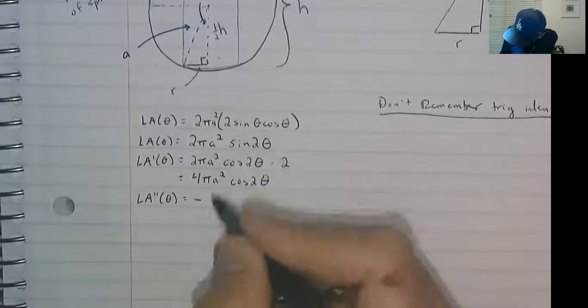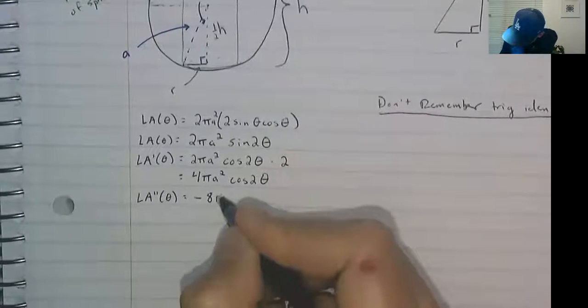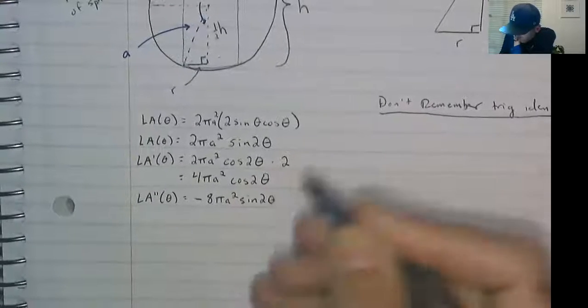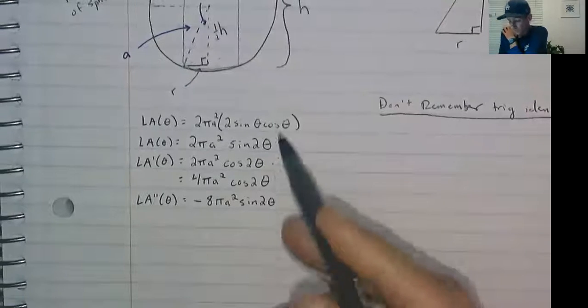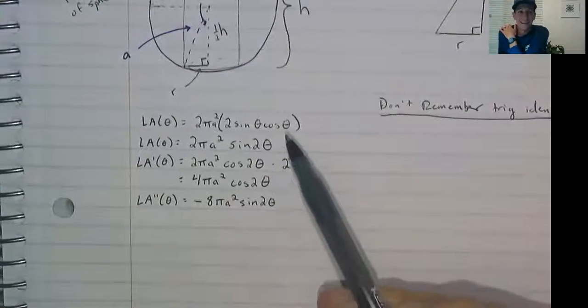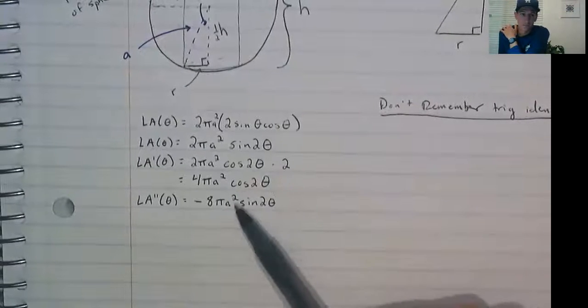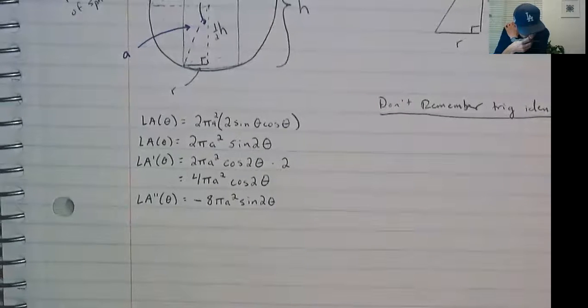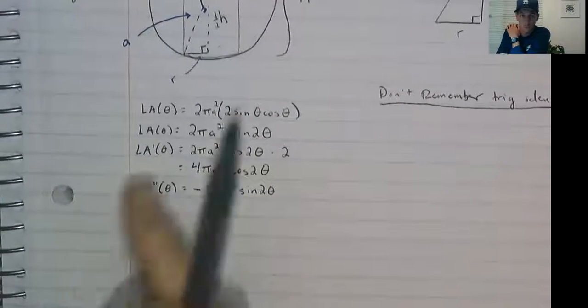And so we'll get the negative 8 pi a squared times the sine of 2 theta. So that was definitely kind of nice if we remember this identity. Differentiating was pretty easy. And actually, we're going to just take this part of our adventure all the way to the critical point.